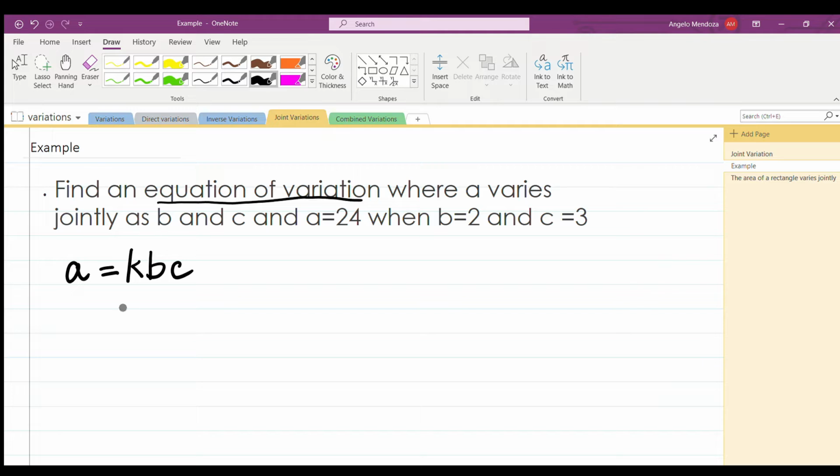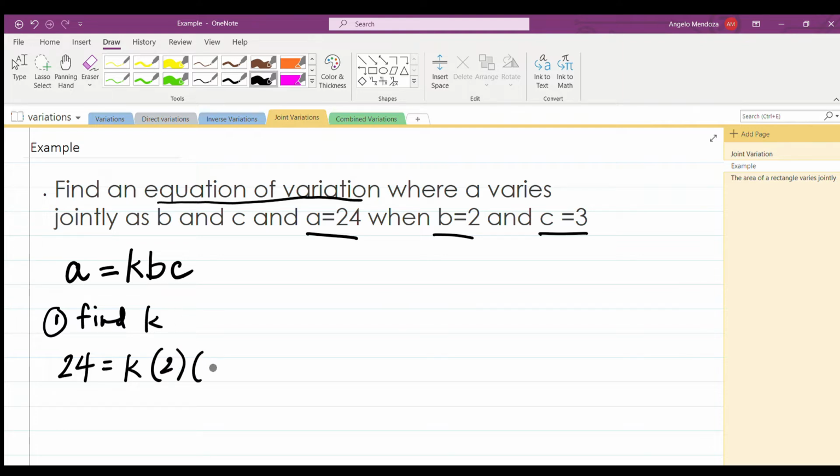To find the equation of variation, first we have to find the value of k, our constant. In our translation, we just substitute the values of a, b, and c. So we have a, which is 24, is equal to k multiplied by 2 and 3. Since there is no operation indicated here, automatically that will be multiplication.